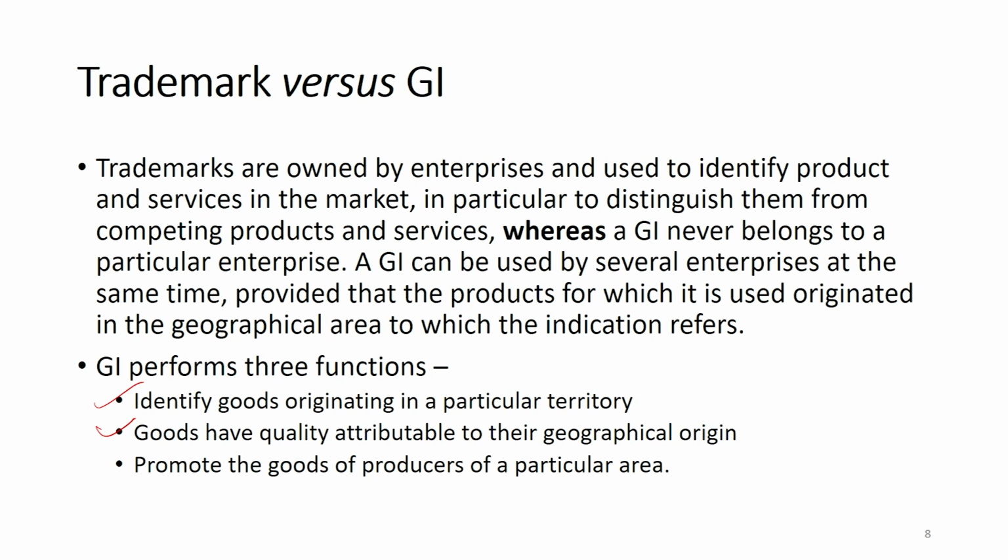This is something which GI will tell me. And GI also promotes the goods of producers of a particular area. So, we understand the meaning of geographical indication, we understand how GI is different from trademark. We also understand now the functions performed by geographical indication.